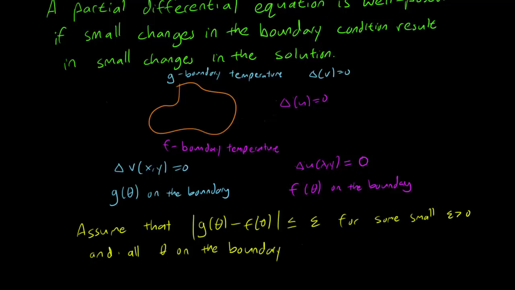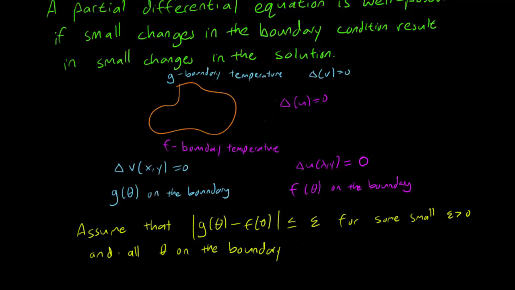So let's assume that G and F are pretty close together, that G is just a slight perturbation of F. And technically we can say that the absolute value of G minus F is less than epsilon for some small epsilon and all theta on the boundary.